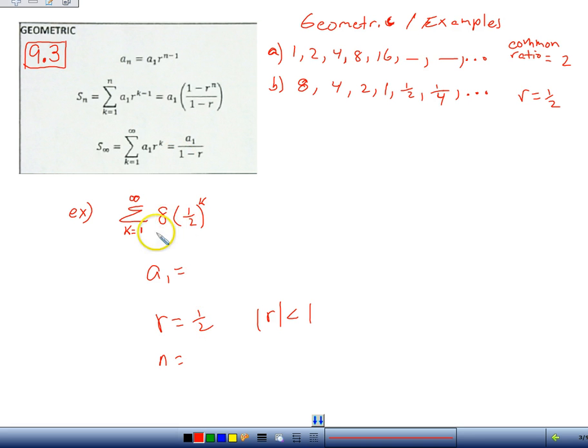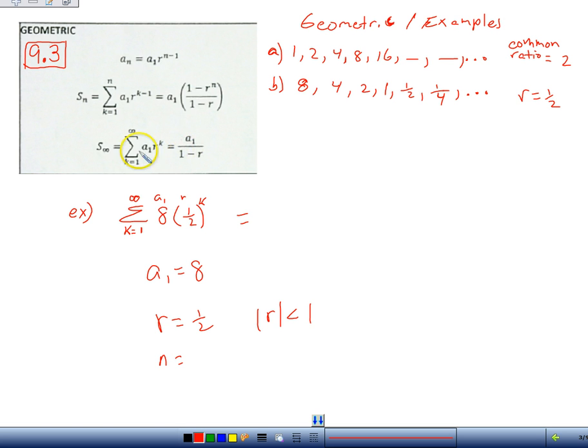Okay, so in this particular case, we need r is 1/2, a1. a1 is the number in front of the base, and in this case it's 8. So that's a1, and this is r. Okay, so we'll need that 8, and we don't need the n in this particular calculation.